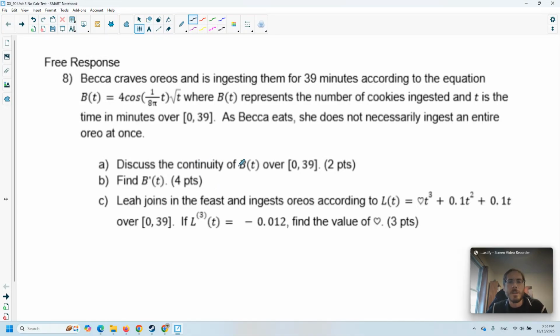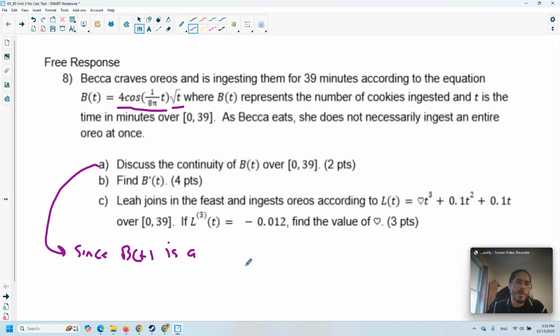Part A says, discuss the continuity of B of t over 0 to 39. So we want to focus on the continuity. If we look at our equation here, we have a trig function and a square root function. B of t is a square root function, a radical function, multiplied by a trig function.